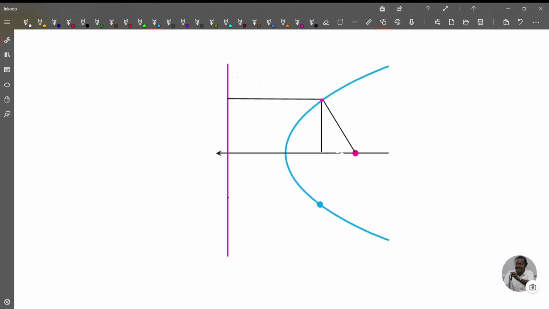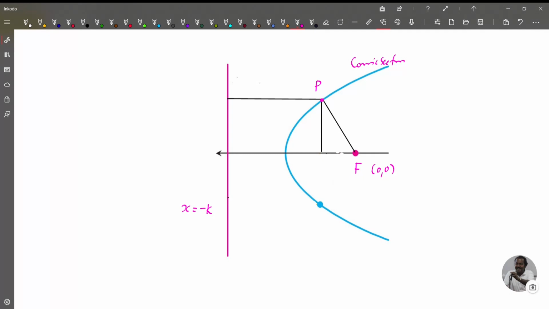Here consider the directrix to be x equal to minus k, and suppose this is the focus at 0, 0, and P is a point on the conic section.